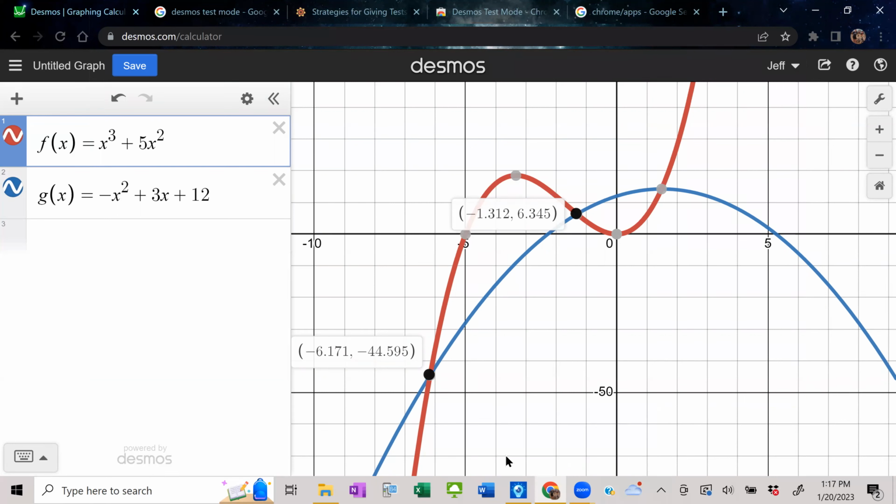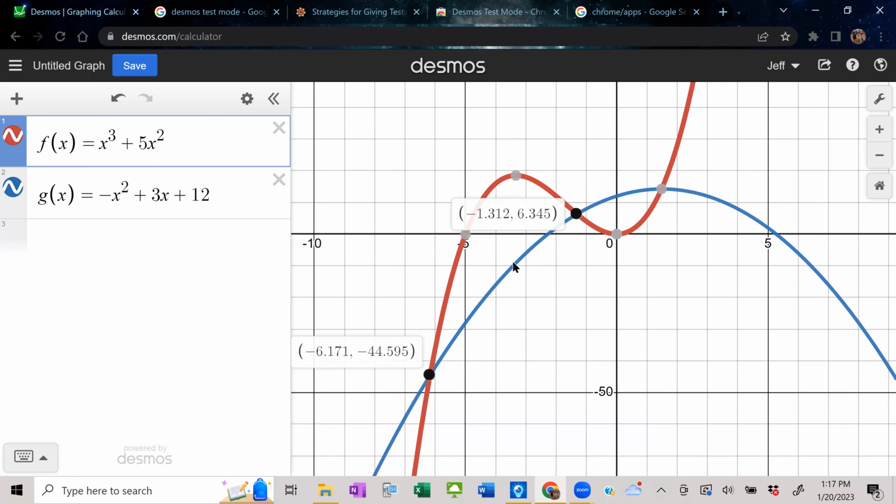So from -6.171 to -1.312, that's along the x-axis. So it's just those x values. That's all I want for the answers. If you give me the coordinates, both the x and y coordinates for both these points, you'll make me unhappy as I grade your paper, and that's never a good thing.